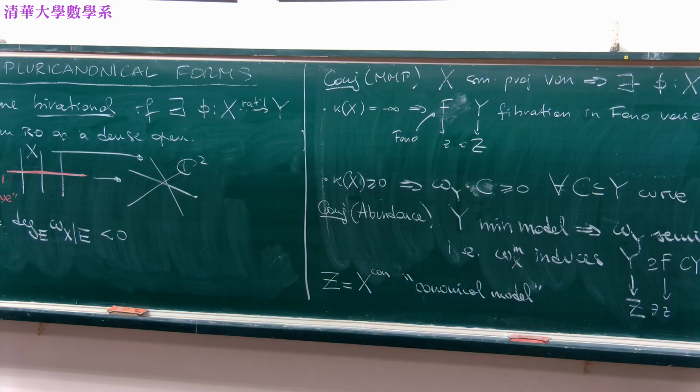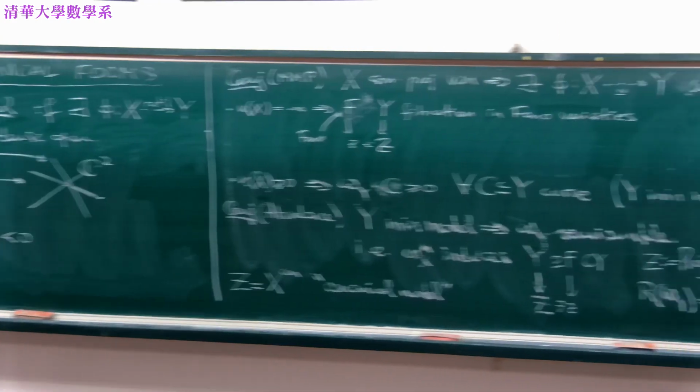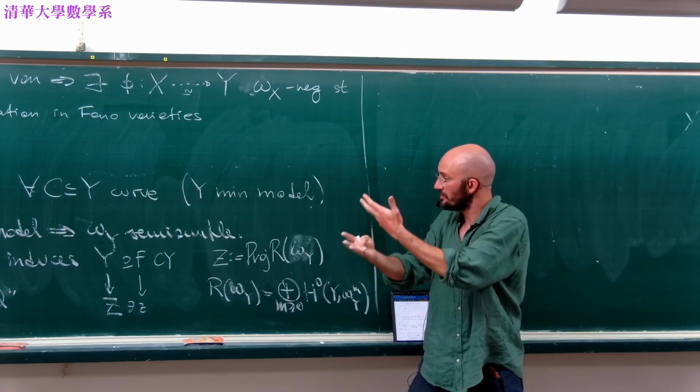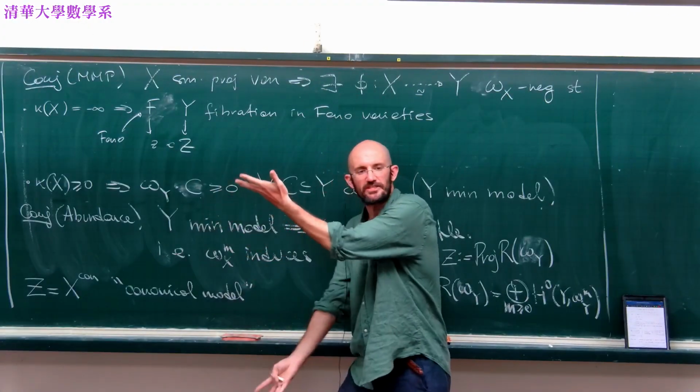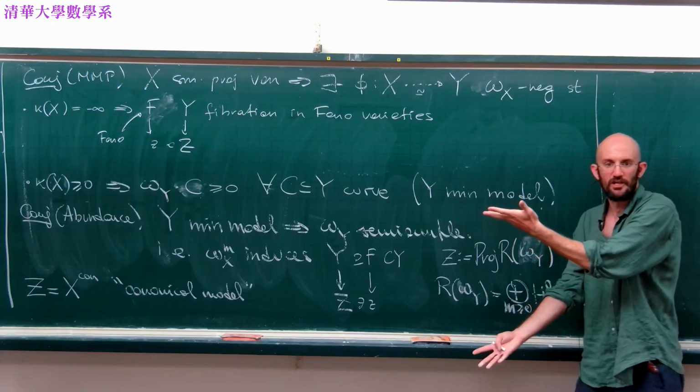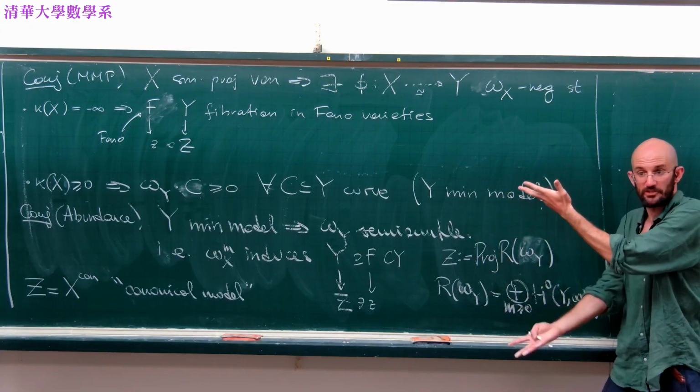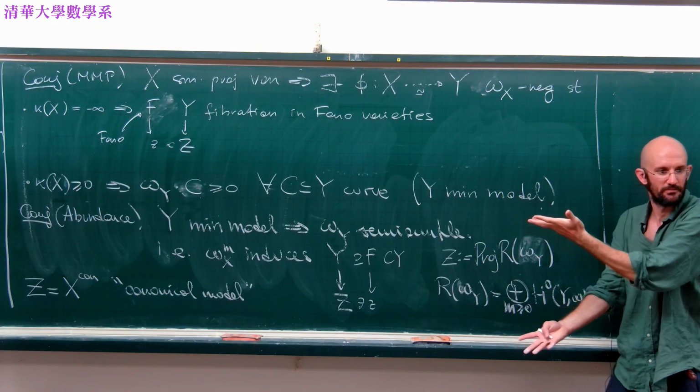So in other words, when your variety has sections, by taking proj of this ring, which is an object that is completely intrinsically defined, you give your X or Y, after a birational modification, the structure of a Calabi-Yau fibration. So this decomposes in a sort of canonical way your variety.